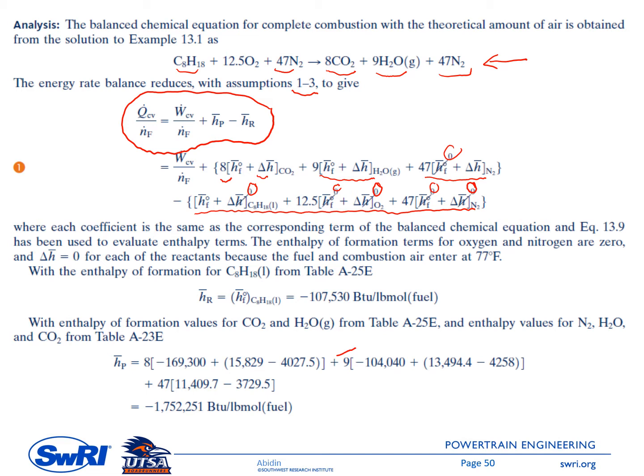Okay, so with the enthalpy of formation of octane in liquid phase from table A-25, we have this one. And then with the enthalpy for CO2 and H2O from table A-25, we can use table A-23 to get the enthalpy for nitrogen, water vapor and CO2.